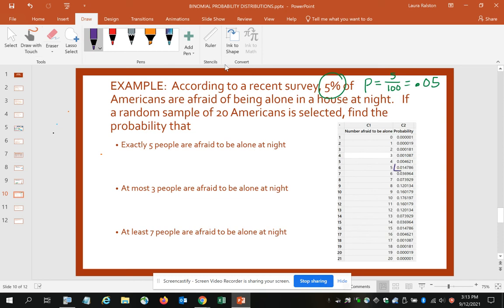So I'm looking for 5. Make sure you're reading the column for X. So X is 5, and I get 0.014786. So for exactly, guys, when you're looking at this table, it is a direct read.